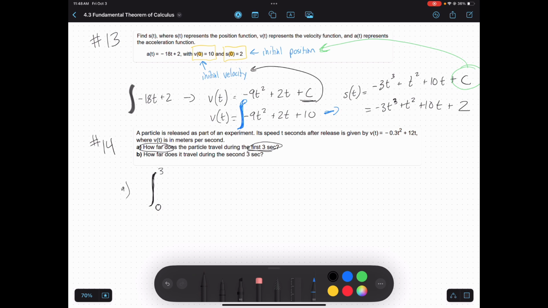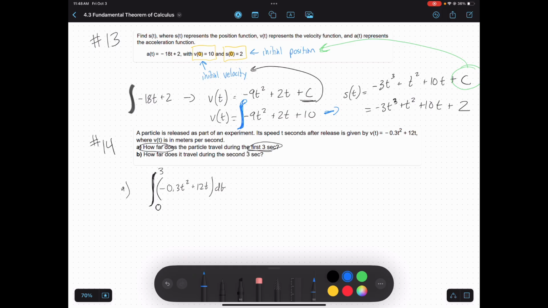So I have set bounds. And what am I integrating? I'm integrating the velocity function. Why? Because remember, the area under the curve of a rate function gives me total change. And that's the case here. If I integrate velocity, it gives me the total distance that I've actually traveled over that time period, just like the example we looked at in 4.2.